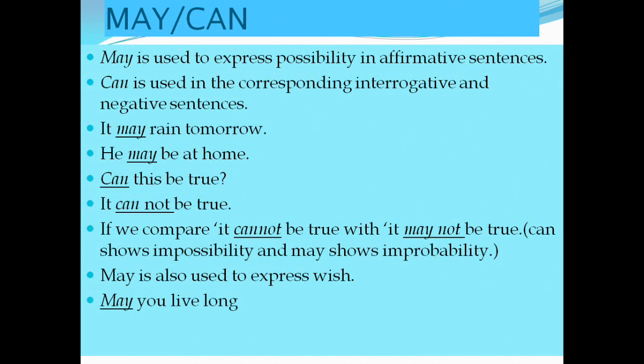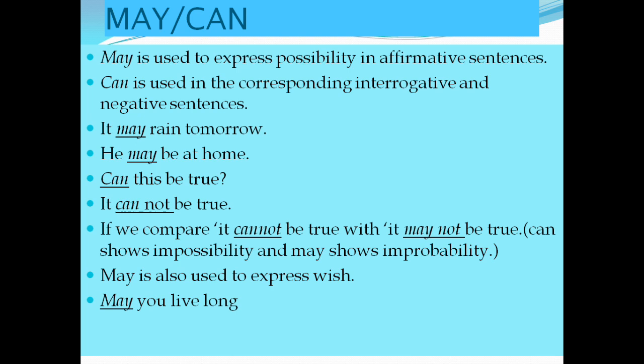May is used to express possibility in affirmative sentences, and can is used in the corresponding interrogative and negative sentences. We can say, it may rain tomorrow, which means there is a possibility that rain will pour down tomorrow because the clouds are in the sky.